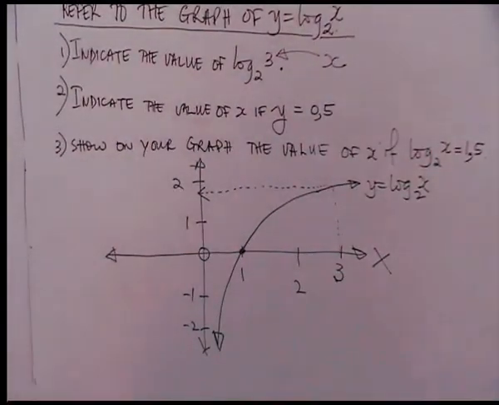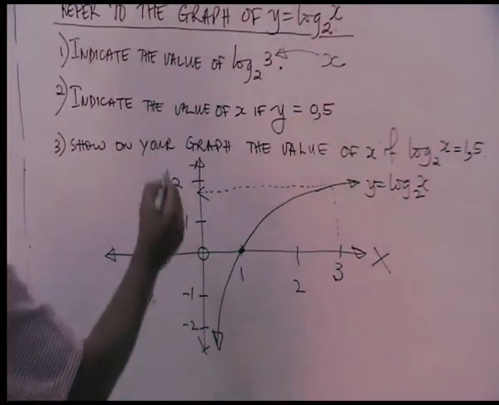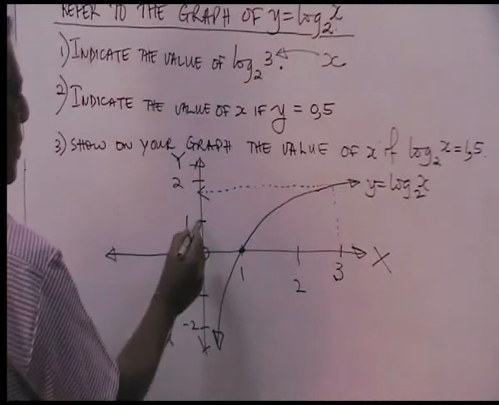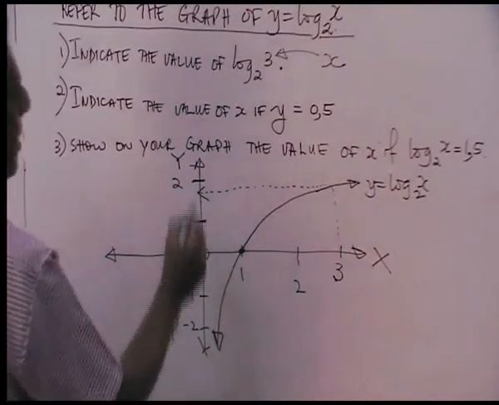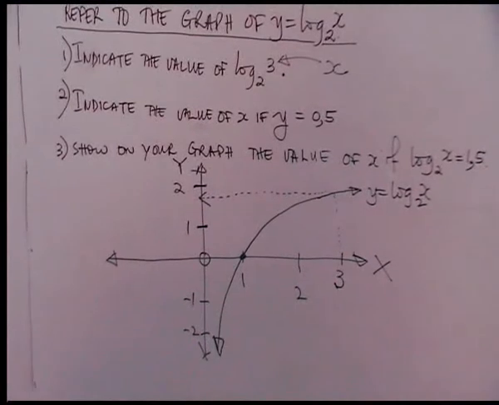So you want to indicate the value of log 3 to the base 2. Well, x is 3, I go up from 3 perpendicular, and then I go to the y-axis, and I find it's going to be some value between 1 and 2.